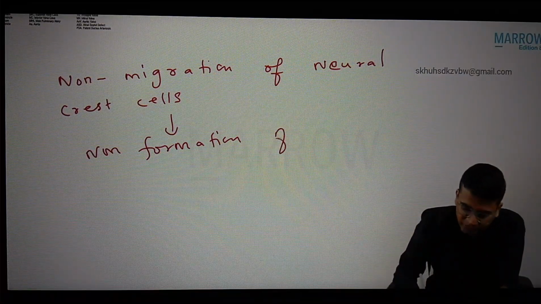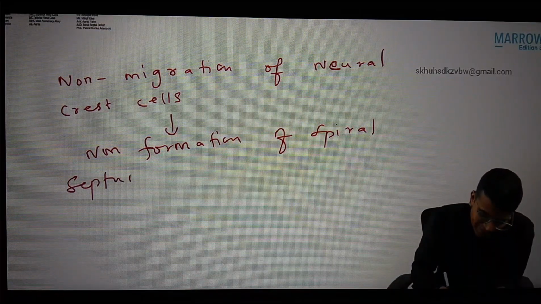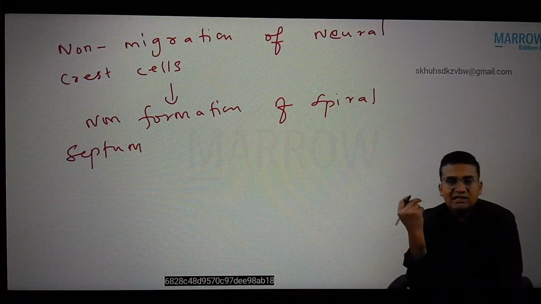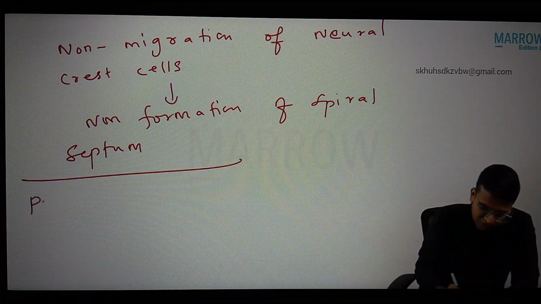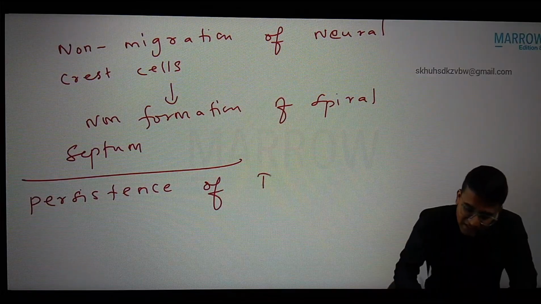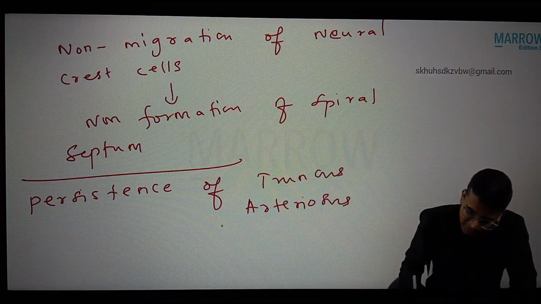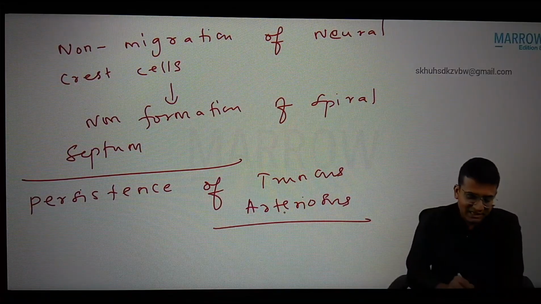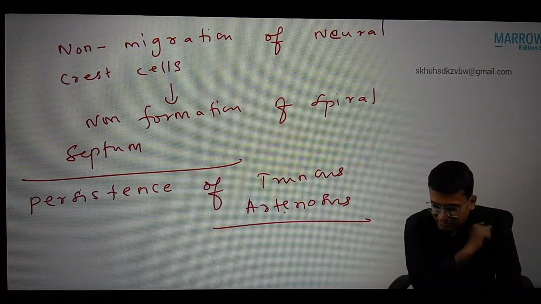Spiral septum is not formed means the truncus arteriosus will persist. So this results in persistence of truncus arteriosus. Okay. These are 3 clinical anomalies you have to know in the spiral septum formation.